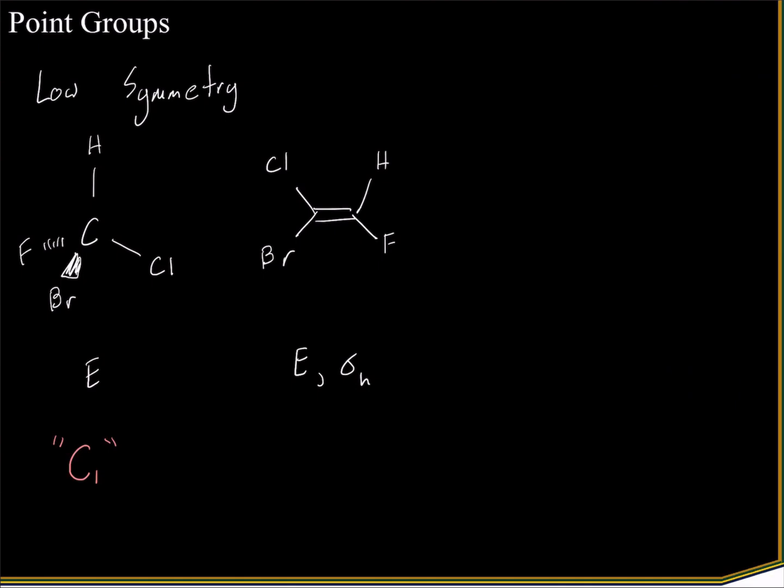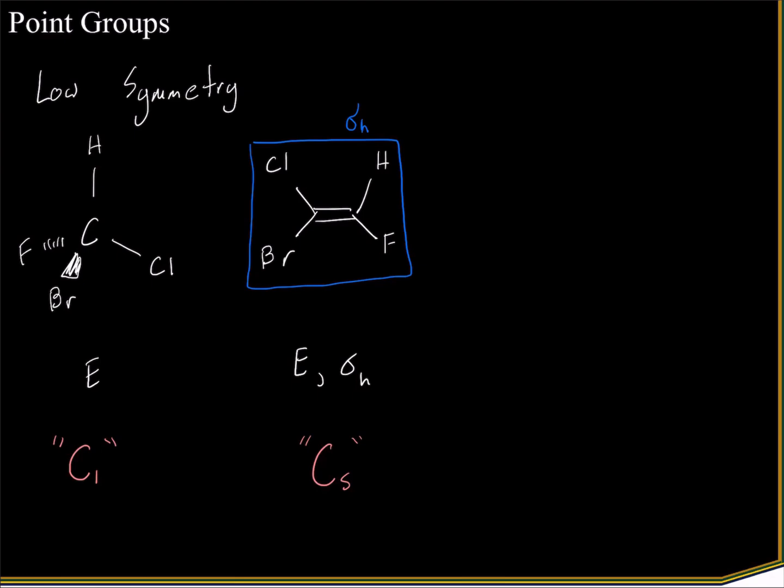So by definition, this is going to be a sigma h, and it is in the plane of my drawing surface, is my mirror plane here. All of these atoms are contained within the drawing surface, so if I reflect, they end up not moving. And so this is another low symmetry point group, and this gets the point group label Cs. We can think of that s as being sigma for a mirror plane, or a reflection. Molecules that are in the Cs point group only contain the identity and a reflection.